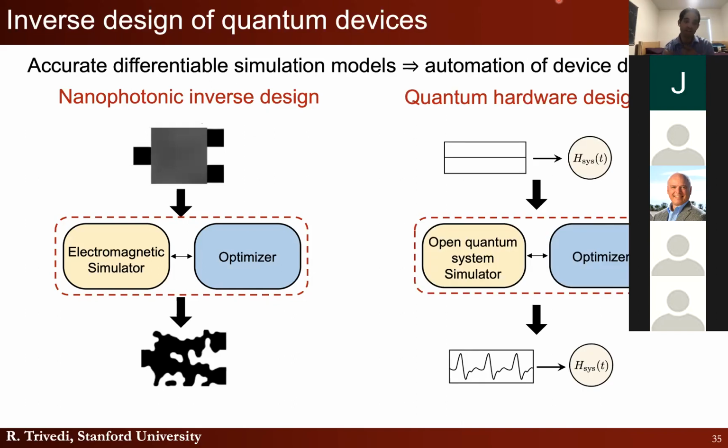The idea here was that if you take your quantum system, which has some Hamiltonian as a function of time, you can simulate the scattering from this quantum system, and then you can design what kind of Hamiltonian I should have as a function of time in order to achieve a particular task, for example, to emit a particular state or have a particular transmission, etc. This would allow us to automate away the design of these modulating signals that I'm applying on my Hamiltonian and come up with maybe counterintuitive modulation signal designs that we can still use in order to achieve high fidelity operations here.